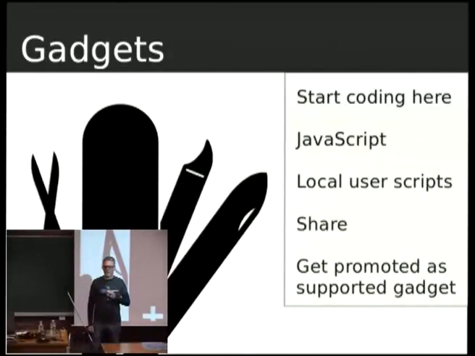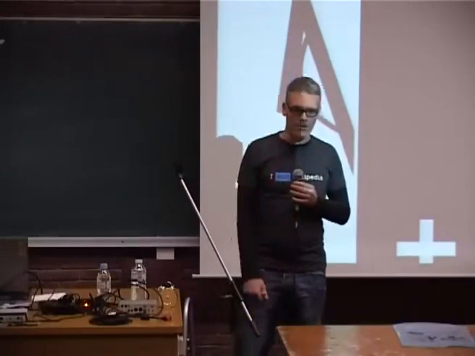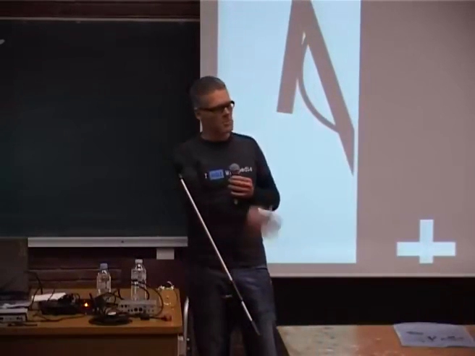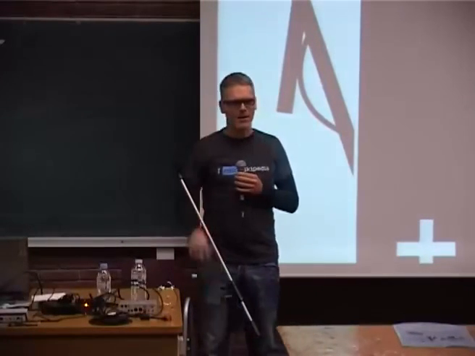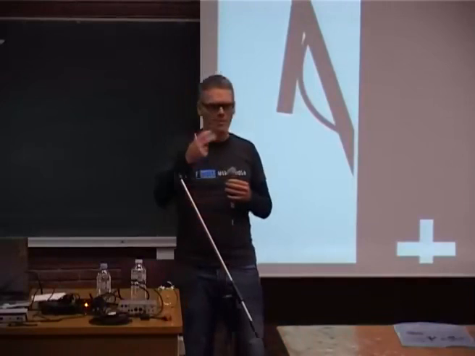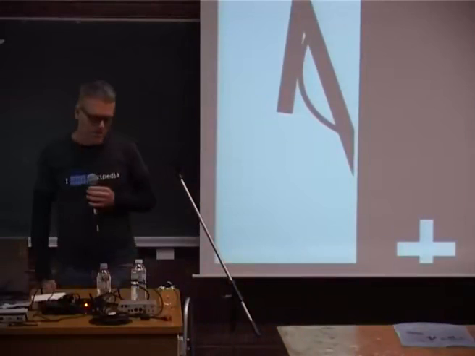A user script you can run locally, so you can do whatever you want because it runs locally, literally in your own wiki. You can customize the Wikipedia user interface just by having a user account. And then you can just use your own user script and just customize the navigation at the left, or change something at the bottom, or the categories that are at the bottom, just put them at the top.